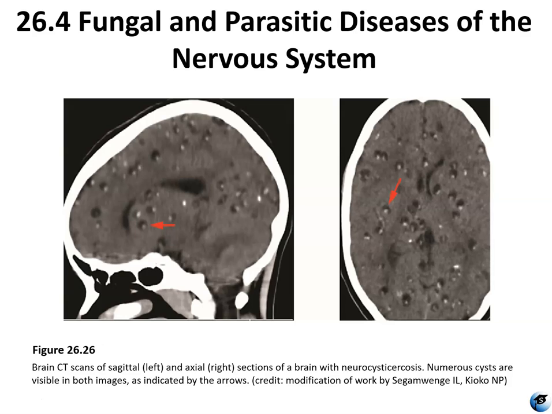And figure 26.26 here is showing the brain CT scan of the sagittal and axial sections of a brain with neurocysticercosis. Numerous cysts are visible in both images as indicated by the arrows. So all of these are cysts caused by this infection.